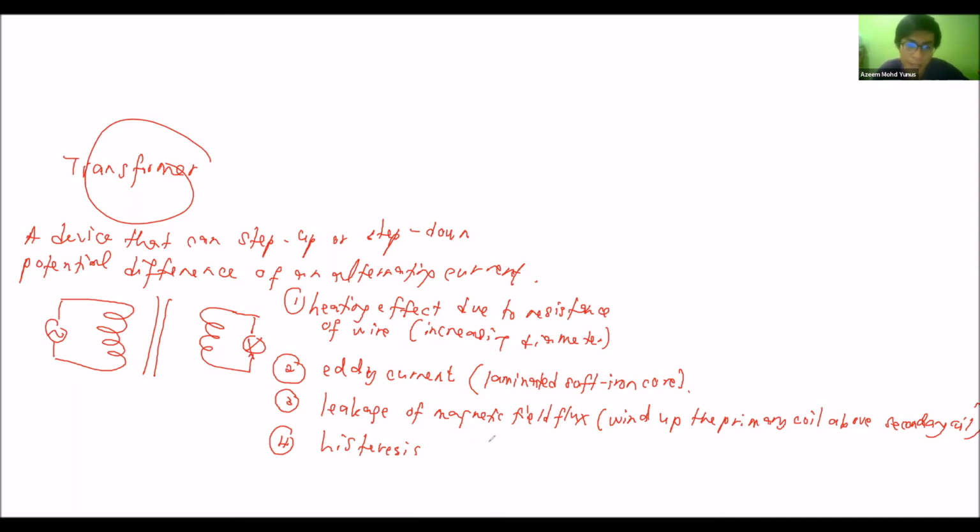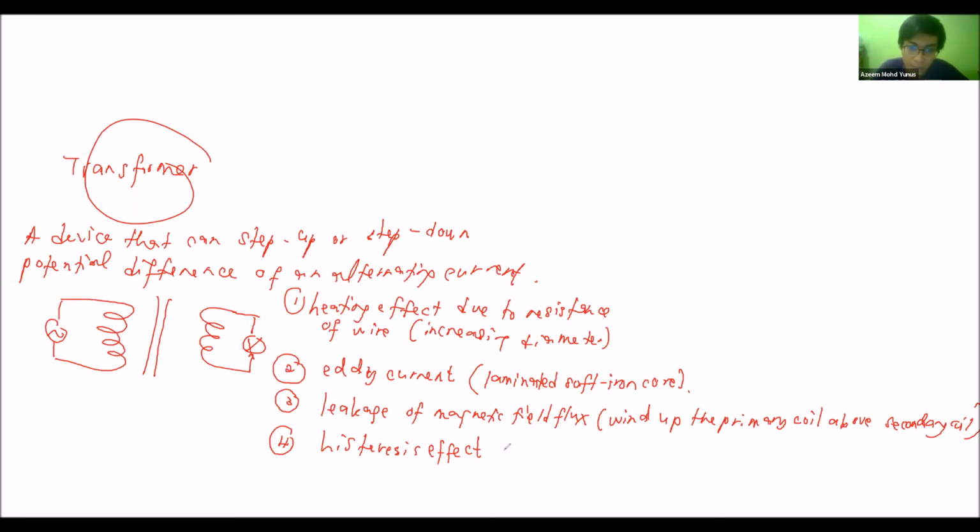But it's called hysteresis, due to the lagging of the changing of the magnetic field. So the current will be slightly faster or quicker than the magnetic field changes. The time taken for the magnetic field to change is slower. It's not in sync with the changes of electric current.